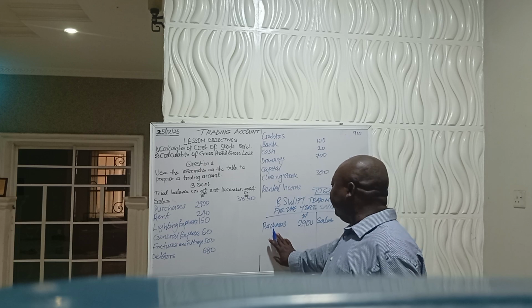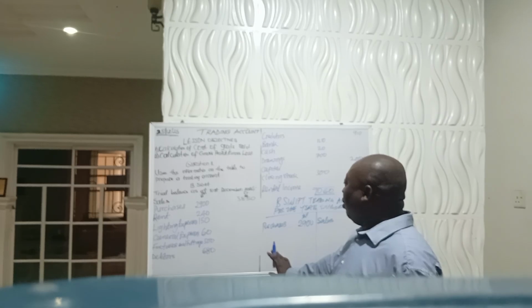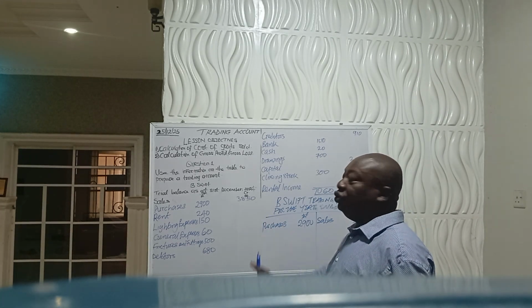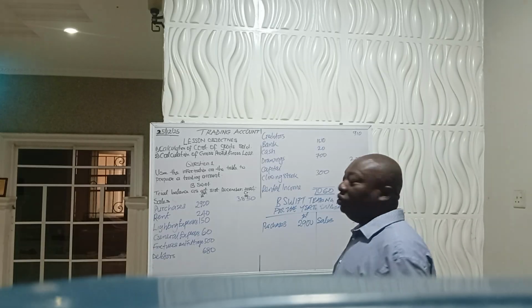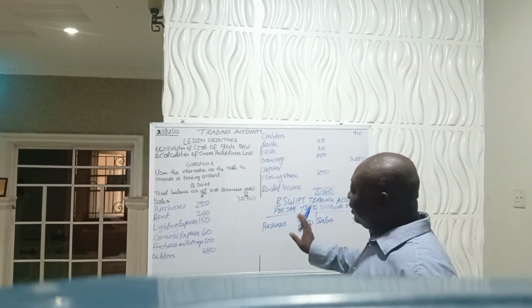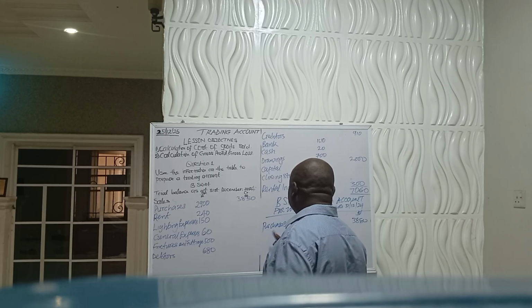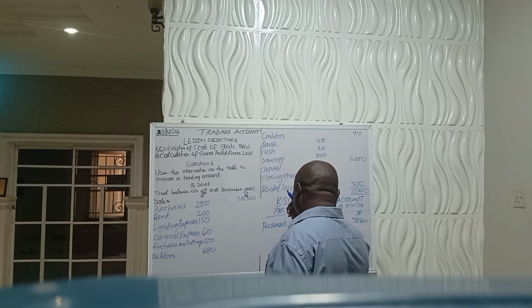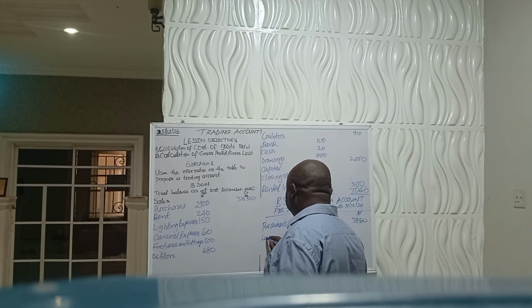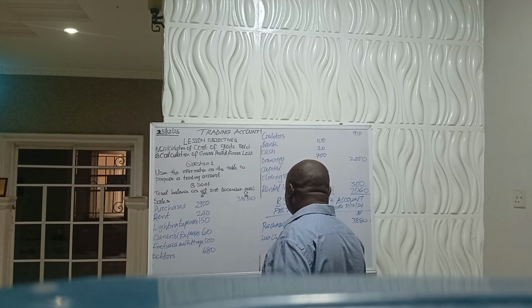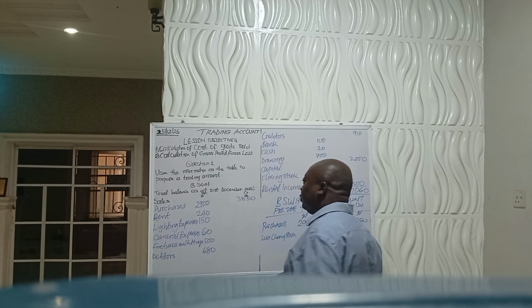In this case, we don't have opening stock, so we are only going to use purchases. There is no carriage inward. We only have this little information. So we say less closing stock from this. We remove closing stock from this. Less closing stock. How much is that?